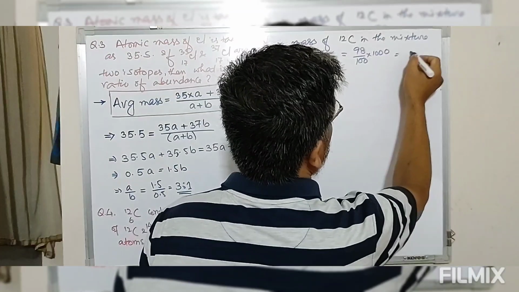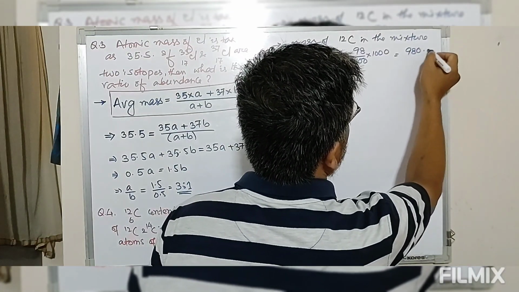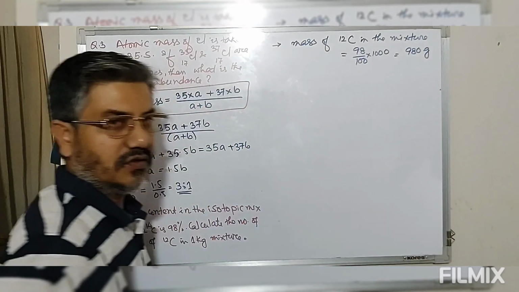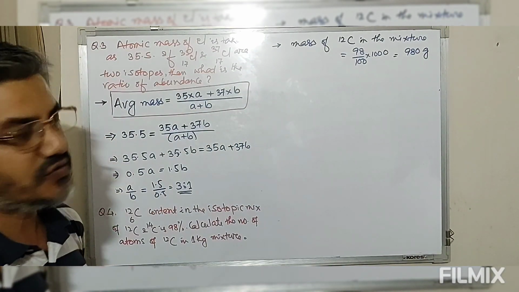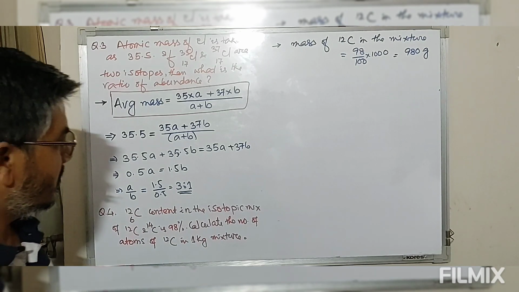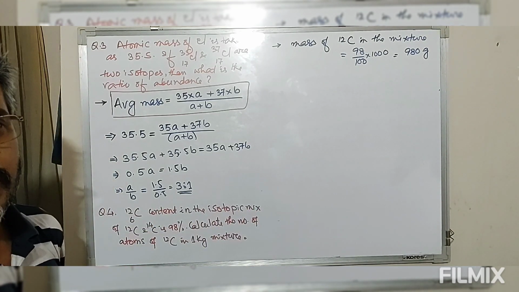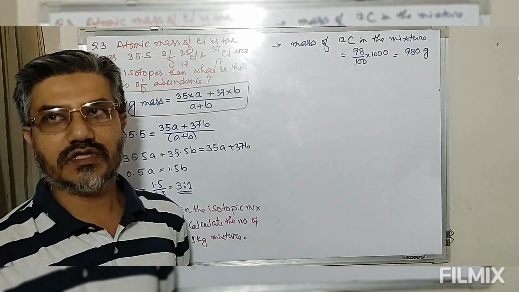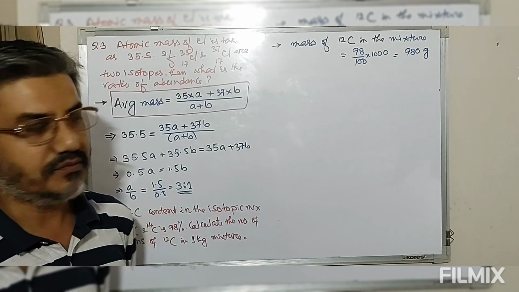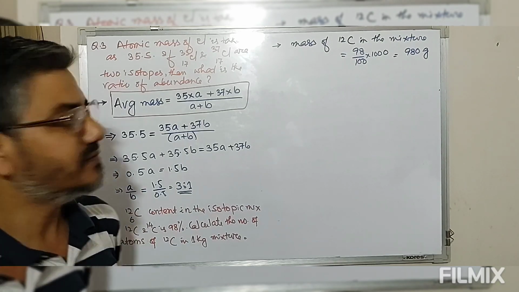So this comes out to be 980 gram. So we have 980 gram of carbon 12. So this is the mass of some atoms of carbon 12. Now let the number of gram atoms be some x.